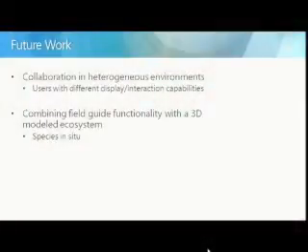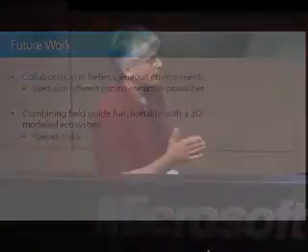So some of the things that we're looking at right now are, as I mentioned, this notion of collaboration in heterogeneous environments, people with different kinds of displays, different kinds of interaction capabilities, and what they can do together. And one of the things I think is especially interesting is combining together the sort of field guide functionality that I talked about in the first part of the talk with a 3D model of an ecosystem done using some of the stuff that I talked about in the second part of the talk.